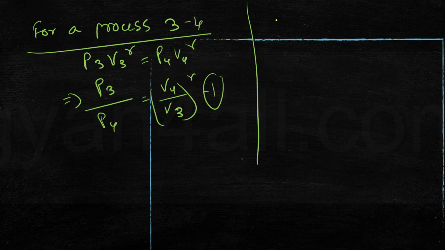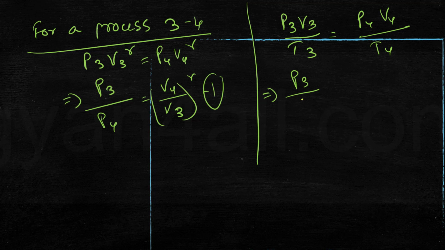Similarly, from the gas law, P3 V3 divided by T3 is equal to P4 V4 divided by T4, and from this we can write P3 divided by P4 is equal to V4 divided by V3 into T3 divided by T4.